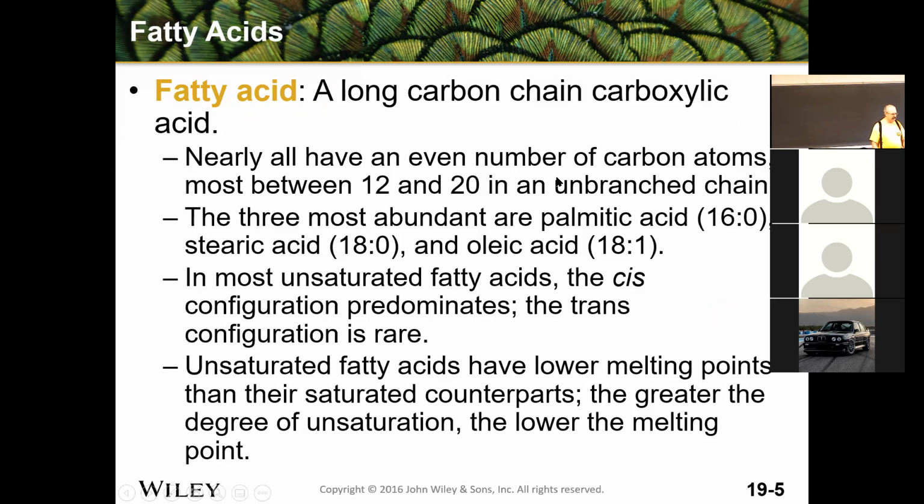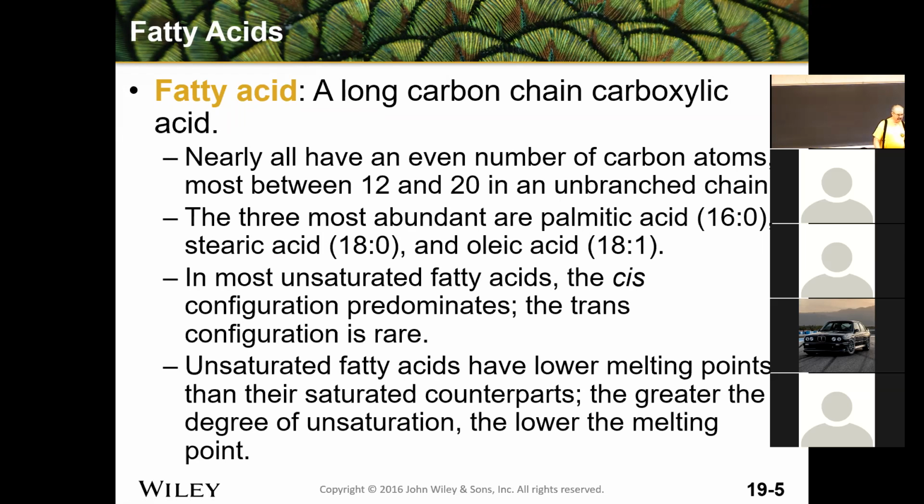Nearly all have an even number of carbon atoms, most of them between 12 and 20, and the chains are unbranched. The reason that they contain an even number of carbon atoms is the chains are biosynthesized 2 carbons at a time from the acetate or acetyl group.